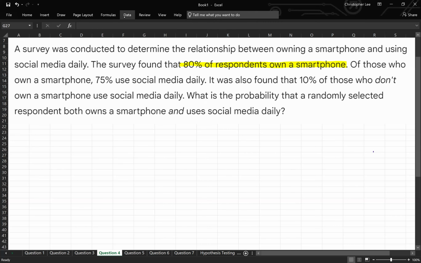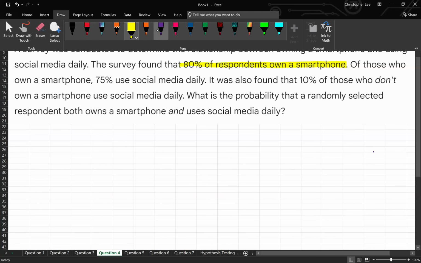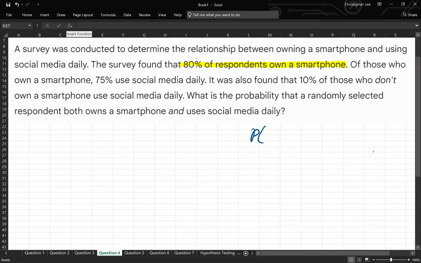So I'm gonna do this one in blue. So the probability of smartphone is 80%, which we also know is 0.80 as well, right?